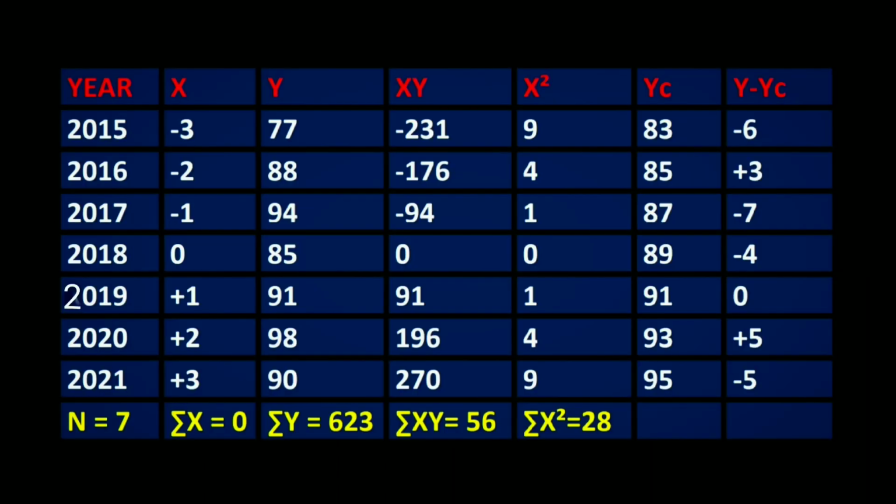For example, for the first year, 2015, the y value is 77 and the Yc value is 83. That means the actual value is 77 and the estimated value is 83. So 77 minus 83 is equal to -6.